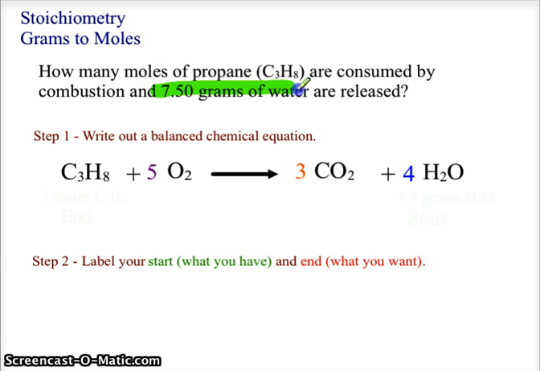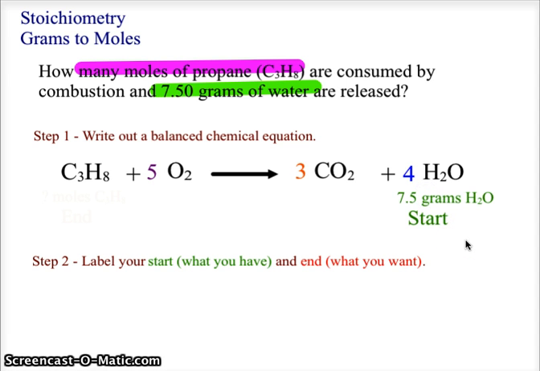Now once again, what we're looking at is a situation where we are going to start with 7.5 grams of water, and we are going to end with how many moles of propane. So our start is going to be over here, 7.5 grams of water, and over here is our reactant being the end point, how many moles of propane.